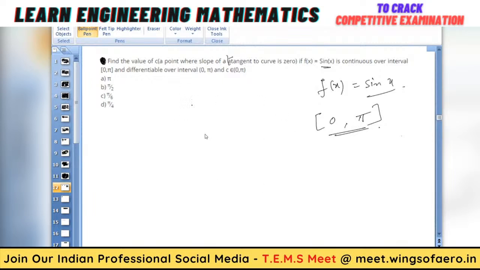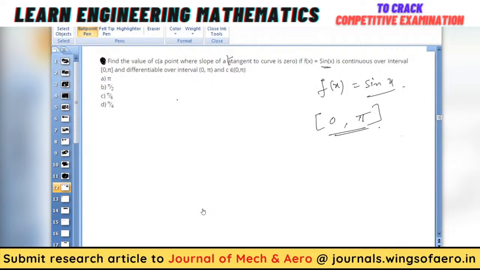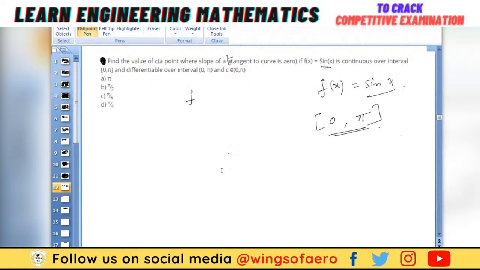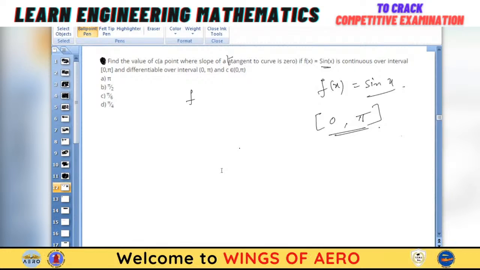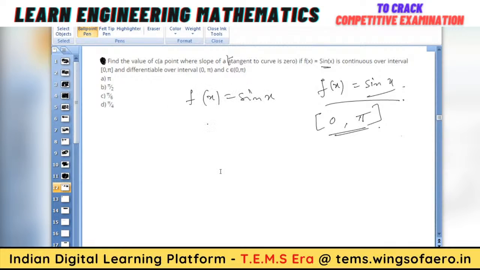So you have to do nothing special in this case. Whenever this kind of Rolle's theorem problem is given to you, just simply find the derivative and equate the derivative to 0. So what is the function? f(x) = sin x. Just find the derivative f'(x).